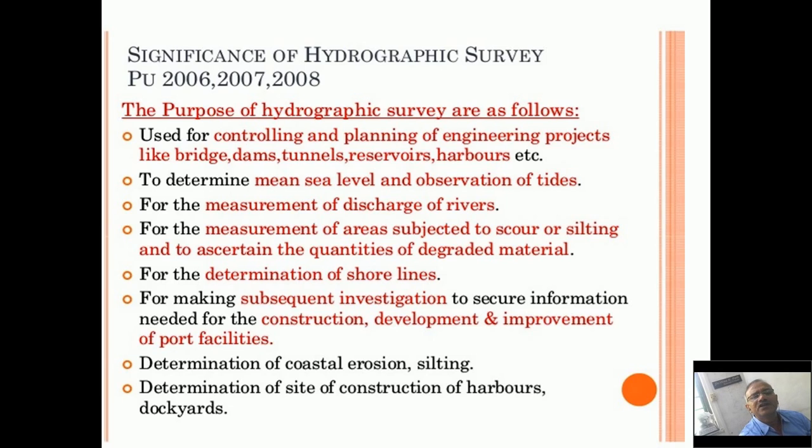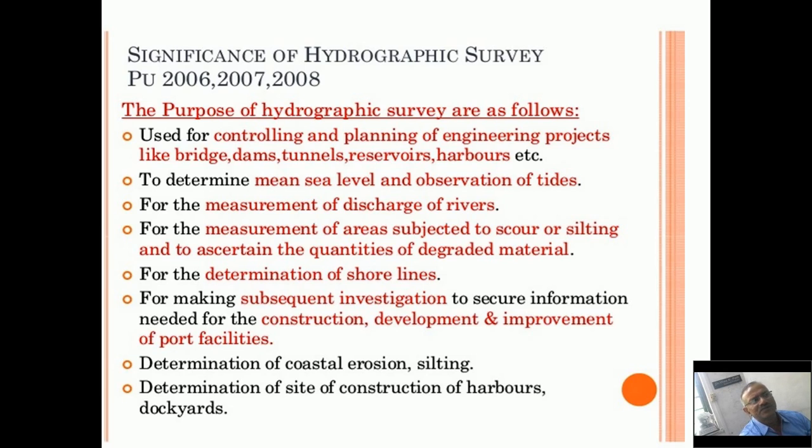For the measurement of the discharge of the rivers, the hydrographic survey is conducted. If you want to find out the discharge of the river for any design of a civil engineering facility, that is a bridge or construction of any wall in the channel of the river, then measurement of the discharge is required.